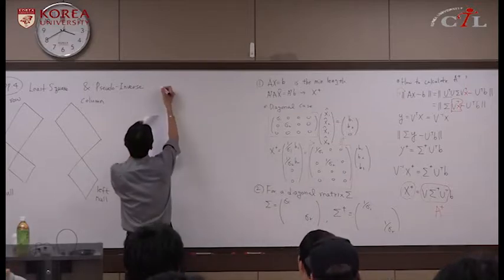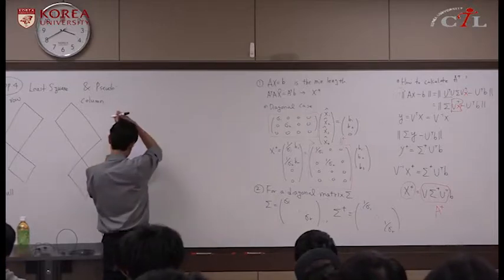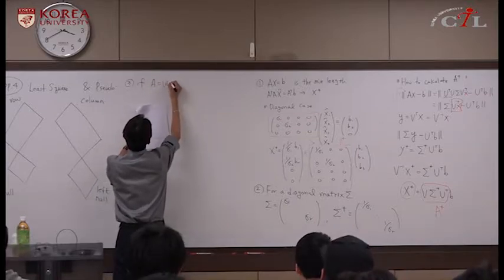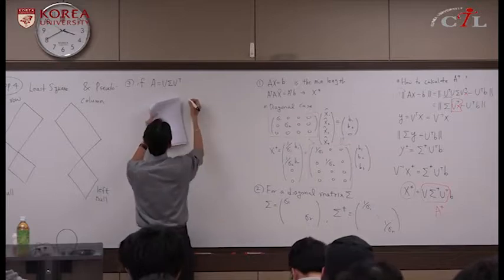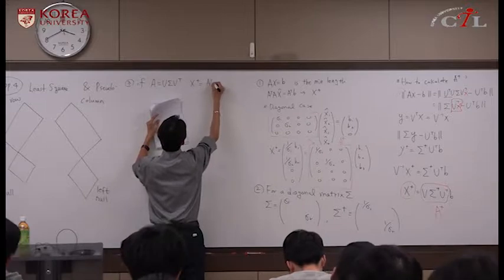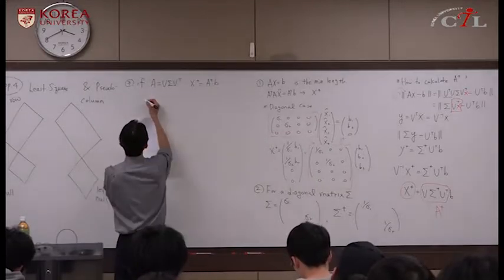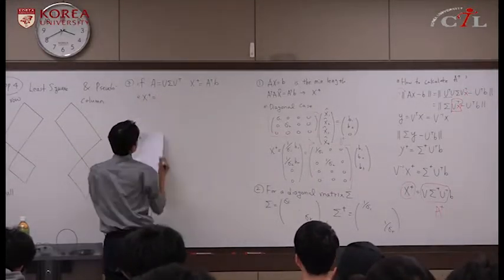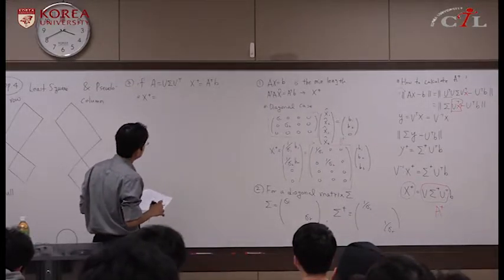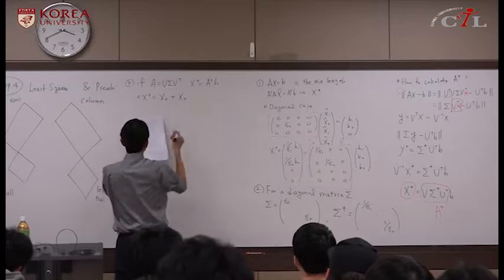One, two, three. Given the singular value decomposition, x pseudo is A pseudo b. Then x pseudo may have a row component plus a null component.